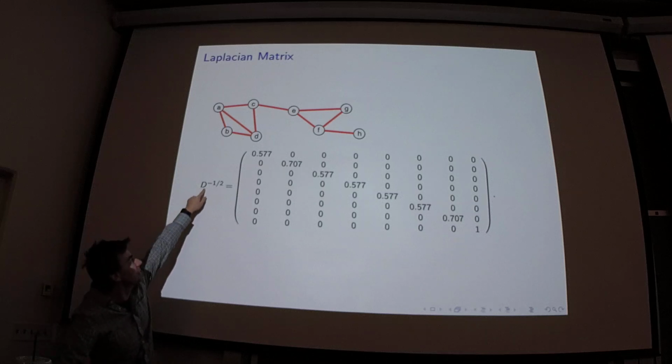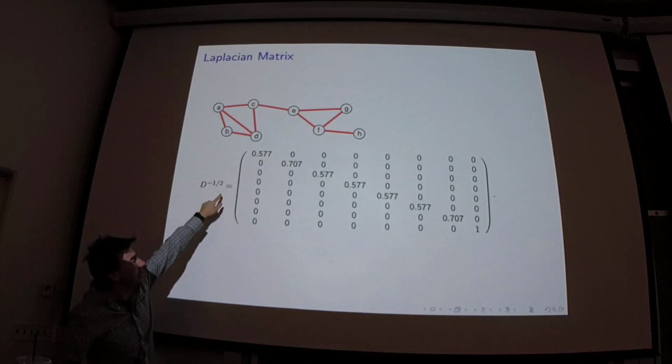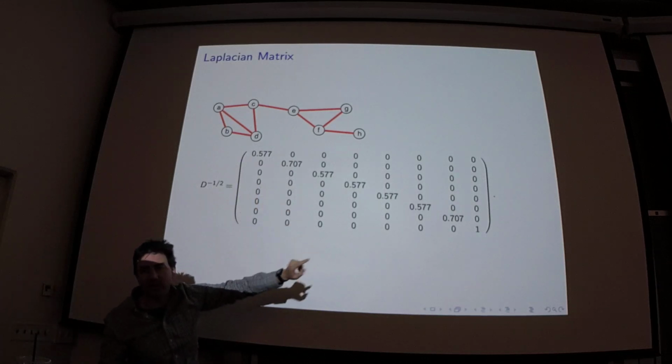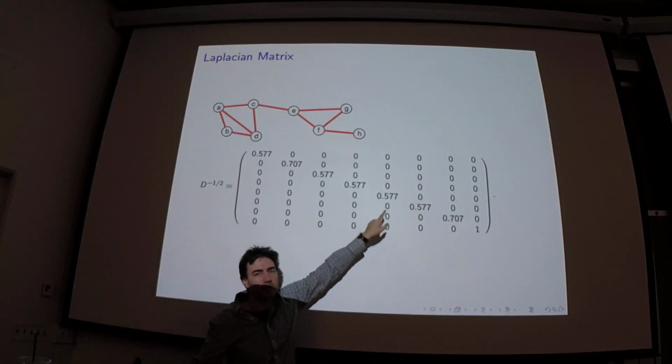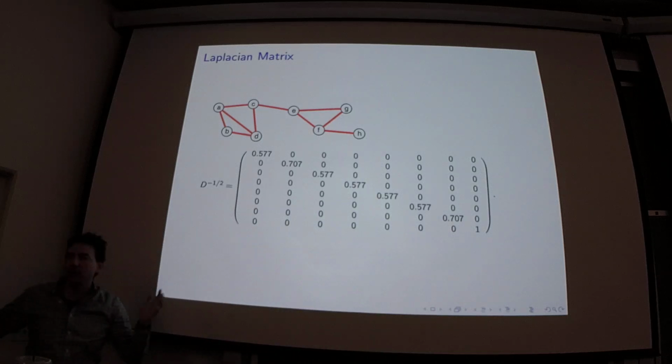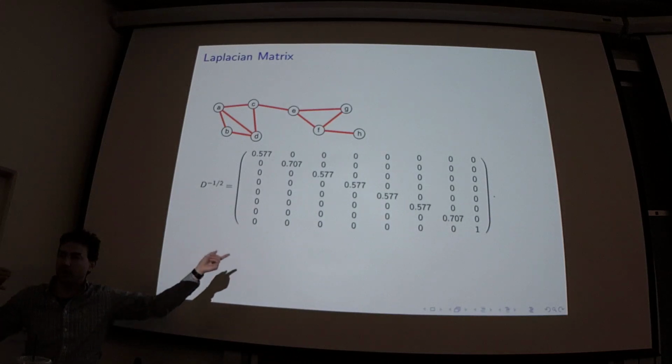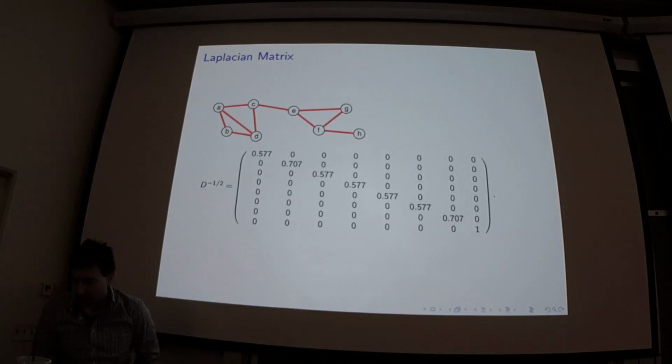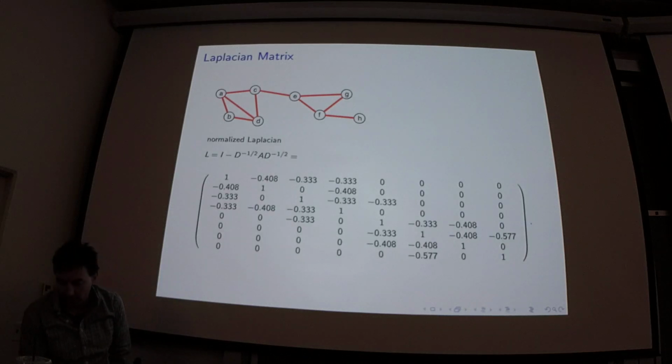Okay, so I need to raise a matrix to a power, and in fact, the power minus 1/2. When it's a diagonal matrix, that's easy. I just take all the terms on the diagonal and raise them to that power, in this case, 1 over the square root of the value. And so then the normalized Laplacian is defined here.